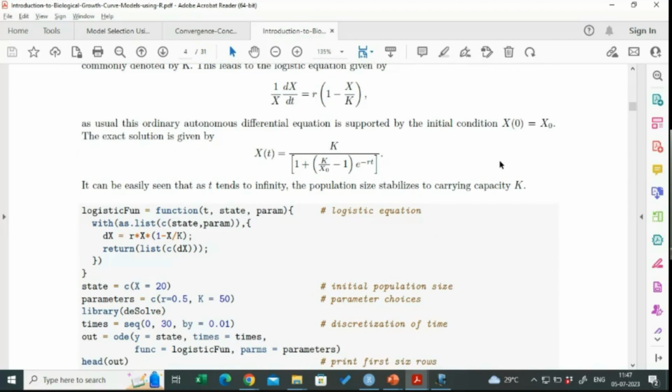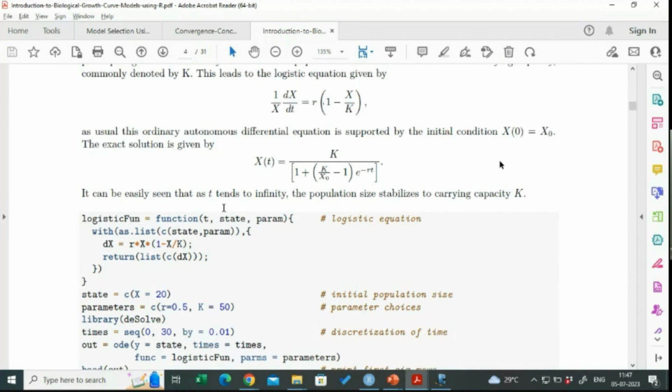This is the differential equation: dx is equal to r into x into 1 minus x by k. It returns the list of the differences dx. The state means the initial population size you have to give, and the parameters are the two parameters r and k.